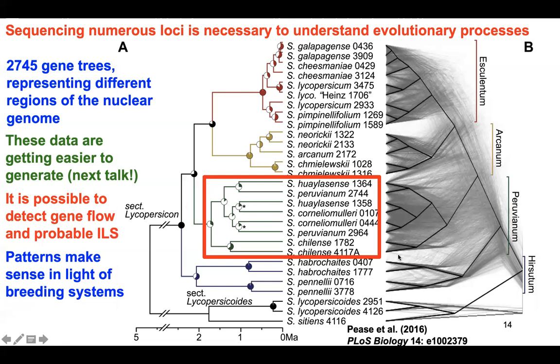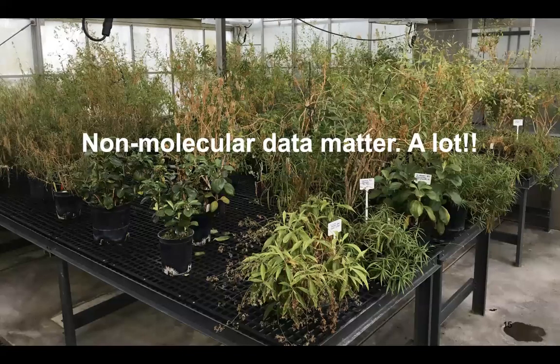And if you look carefully at this, you'll see lots of examples of individuals here that have two dominant signals, which would be what we might expect with gene flow or hybridization. So really powerful what we can do if we have a lot of data, but we need non-molecular data as well. They matter a whole lot. We can't just have genomic data.